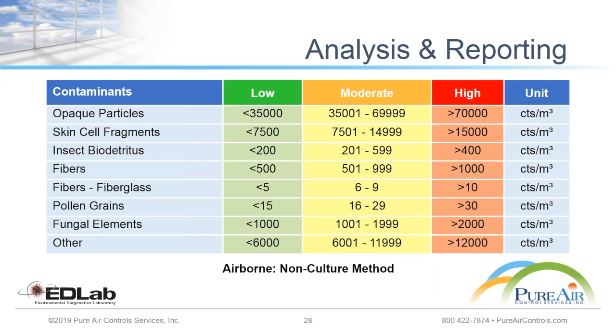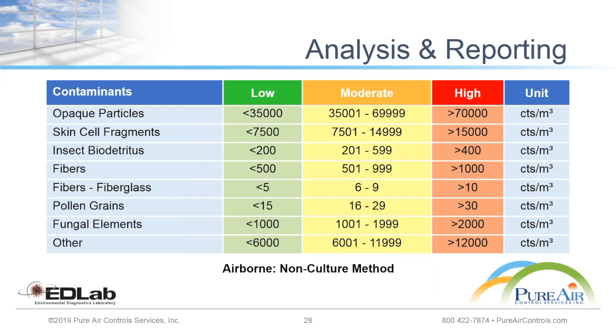You can see on this table, which I can read, that opaque particles should be less than 35,000 counts per cubic meter volume of the air. Skin cells should be less than 7,500 counts. Insect biodetritus should be less than 200 counts.